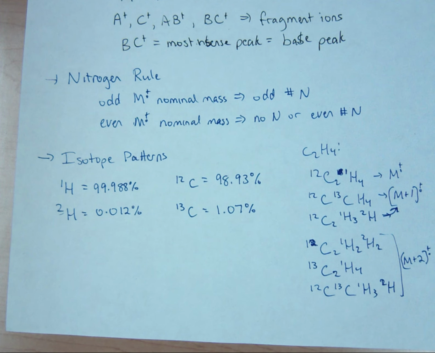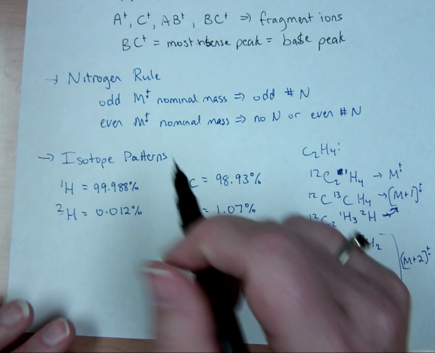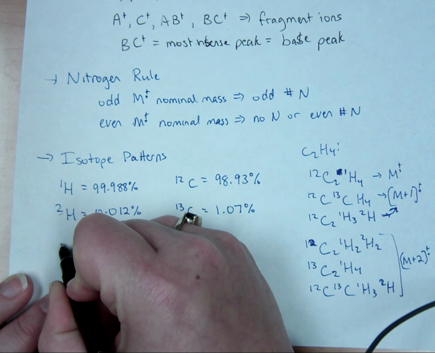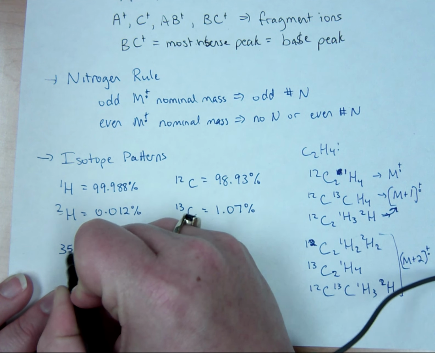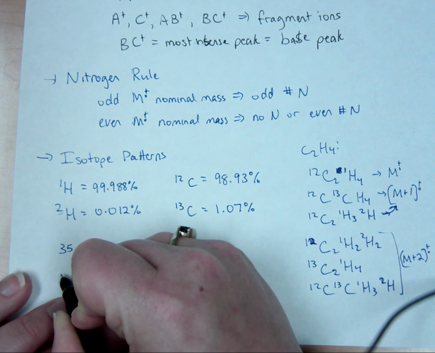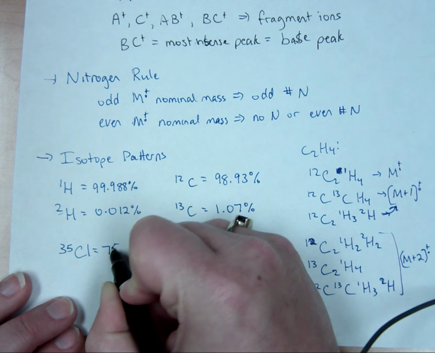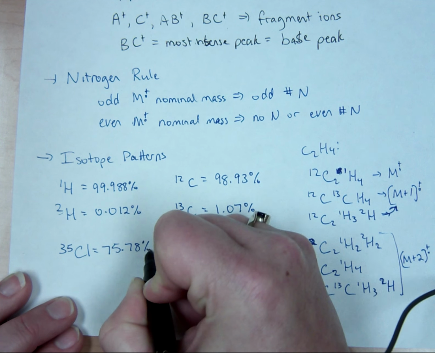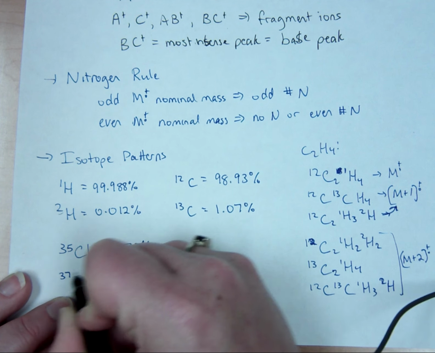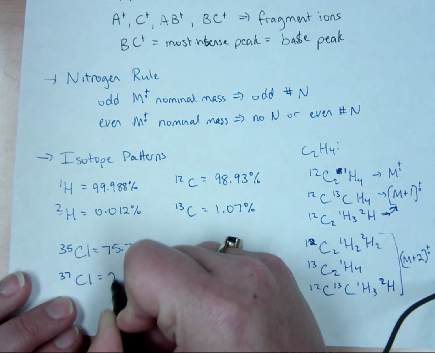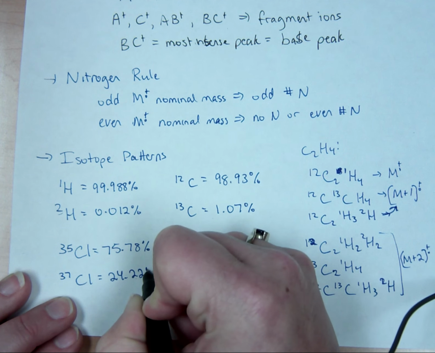Now, these aren't the only ways to use isotopes. One of the really common ways to use isotopes is actually in identifying chlorine and bromine. So chlorine has a really interesting isotope ratio where you get chlorine 35 about 75.78% of the time, and chlorine 37 is the other 24.22%.